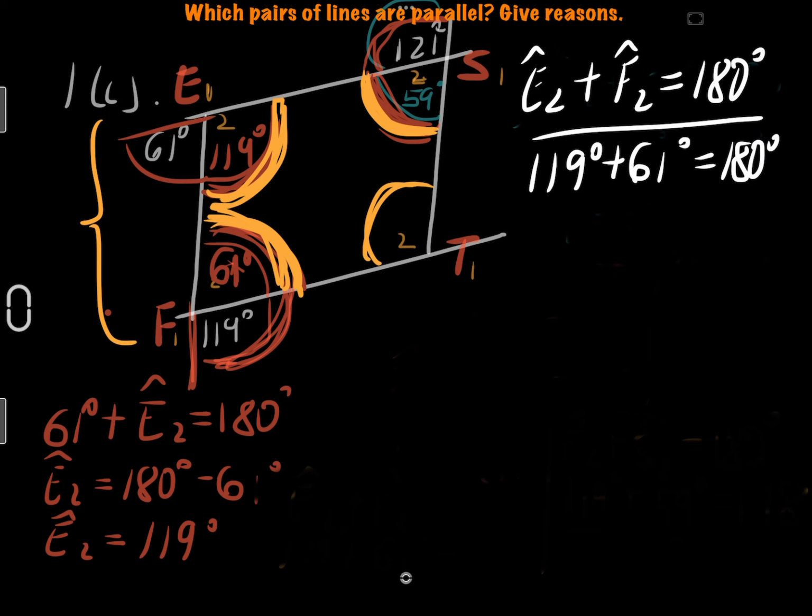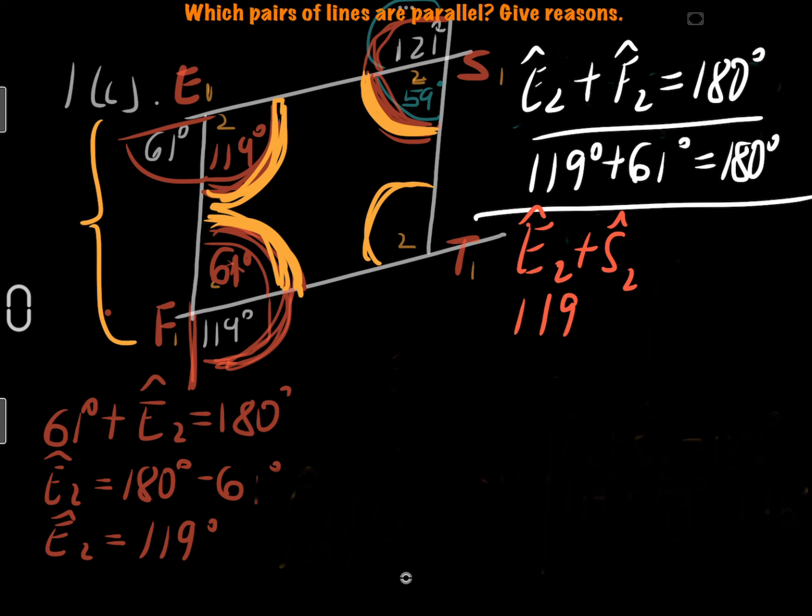We also saw that angle E2 plus angle S2 didn't give us 180, because 119 degrees plus 59 degrees gave us 178.